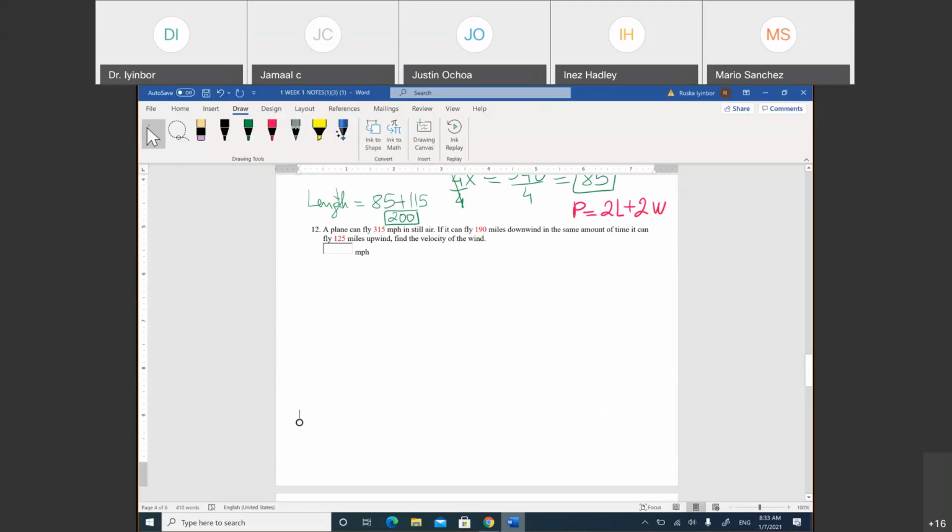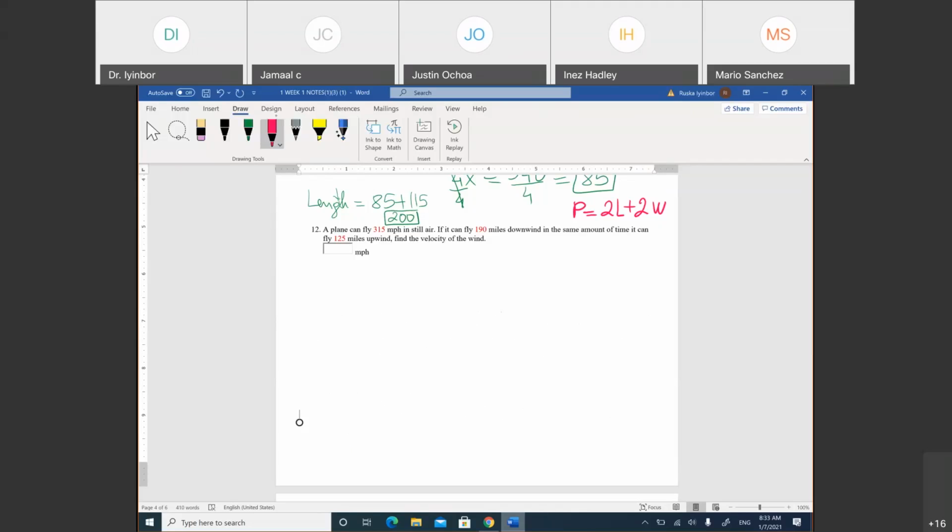In all these types of questions where you're talking about the velocity, the time, and the rate, this is the formula you're using. Do you know the formula between the velocity, the speed, the rate, which is the rate technically, the time and the distance?